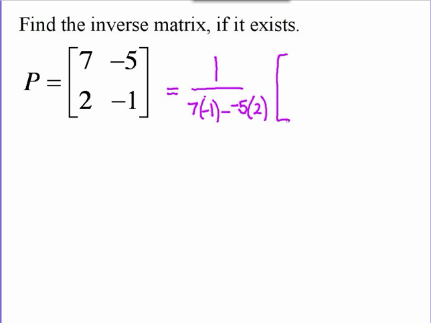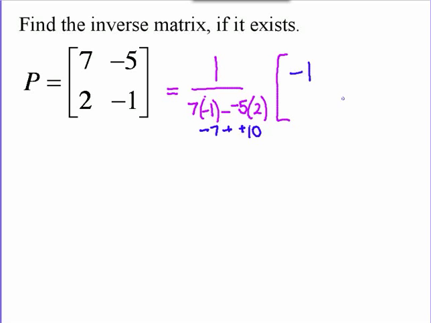All right, so let's do that real quick. 7 times negative 1 is negative 7, minus, what's negative 5 times 2? Negative 10. So am I going to get 0 there? No, so that means I need to go forward. Now we need to remember, switch spots, switch signs. On my first diagonal, what does that become?